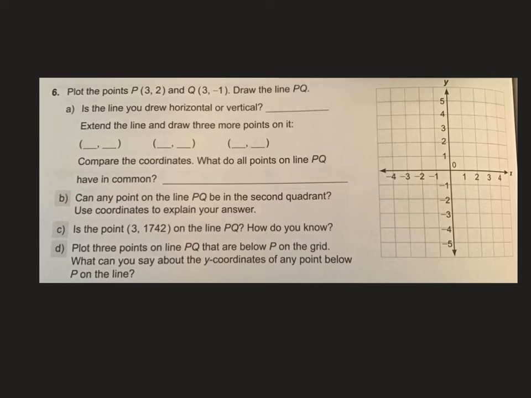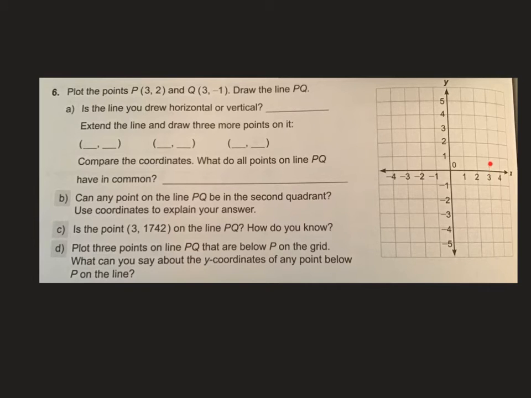Part B asks, can any point on line PQ be in the second quadrant? So if your line is going over here, here's your first quadrant, here's your second quadrant. Can any part of it be over here? Well, if the line goes straight up and down on this side, you may or may not. Is the point 3 and 1742 on the line PQ?